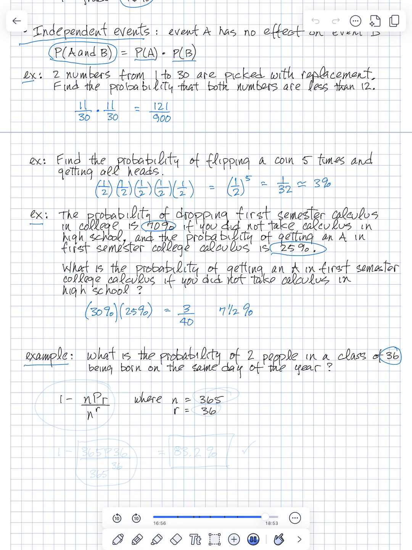But this is the formula you use to find this probability, and it turns out it's nowhere near 10%. So we have 365 days in the year, that's N, and R is going to be our class size of 36. Now, this doesn't have to be a class. This can just be any group of people numbering 36 total people.